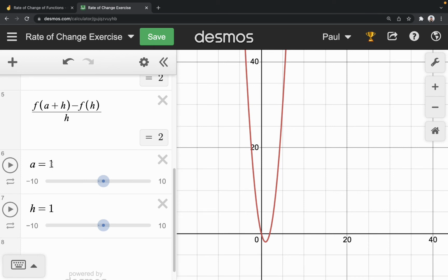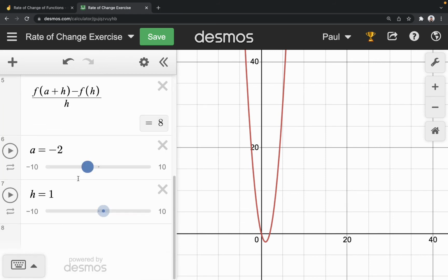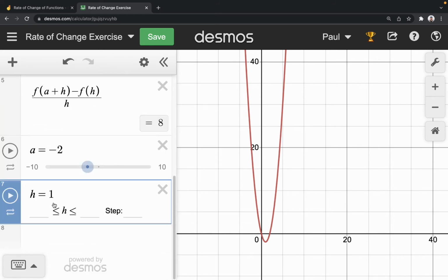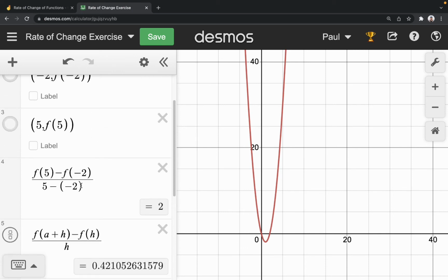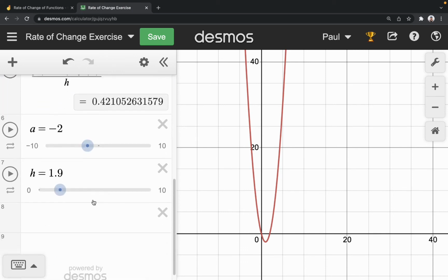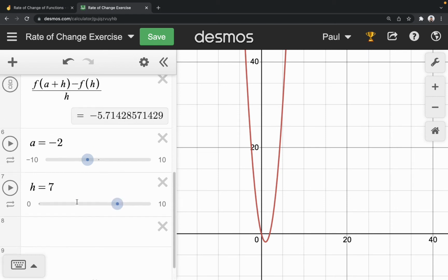So a is going to be my initial value of x, so I'll set that down to -2 to match the problem. And then h, we like to have it always go to the right, so we like h to be a positive value, and that one can depend. Now, we know that our denominator is 7, 5 minus -2, so that will actually be our h value if you want to start it off right there.